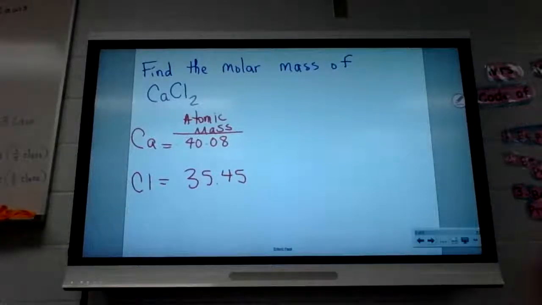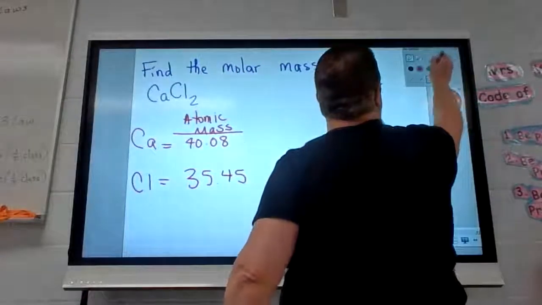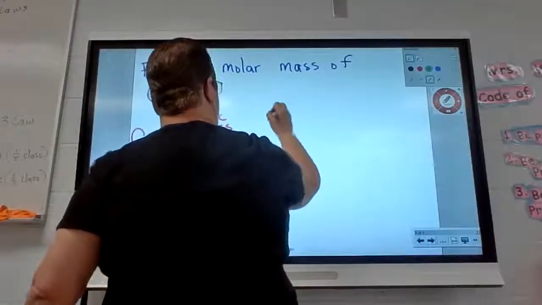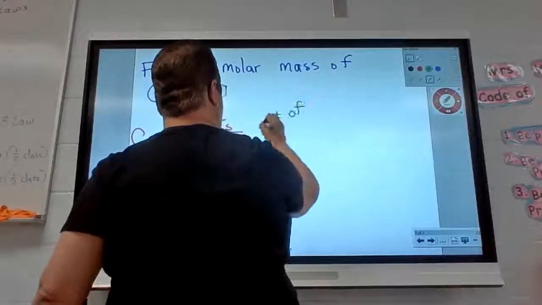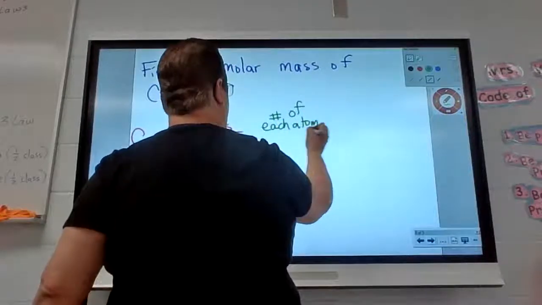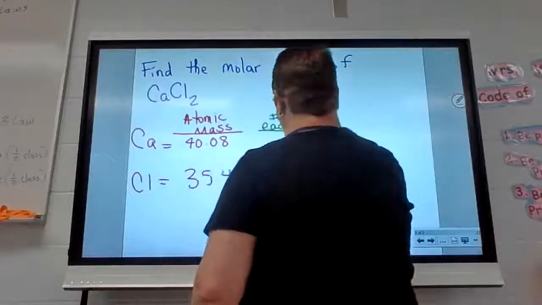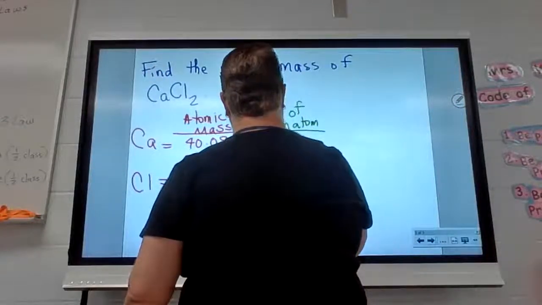One more thing we need to know to find the mass of the compound. How many of each element there are. Okay? The number of each atom. So, how many Cas are there? How many chlorines are there?